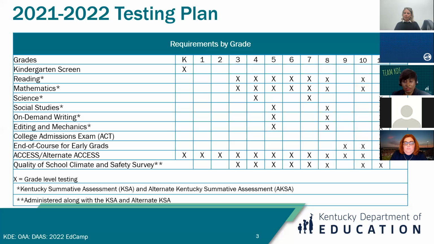Of course, there are other assessments such as the ACT, end of course, and ACCESS for ELs, as well as the quality of school climate and safety survey. They will all be administered during the 2021-2022 school year.